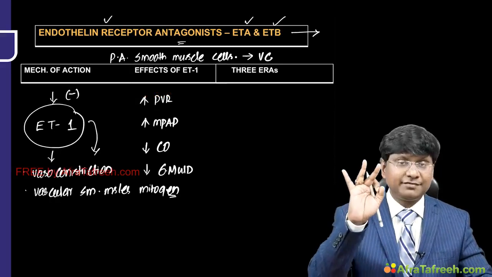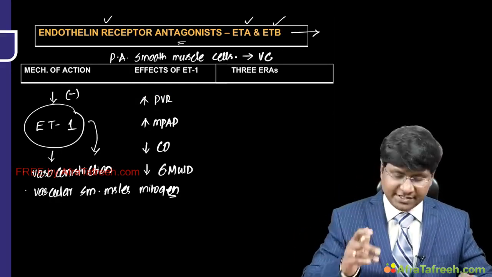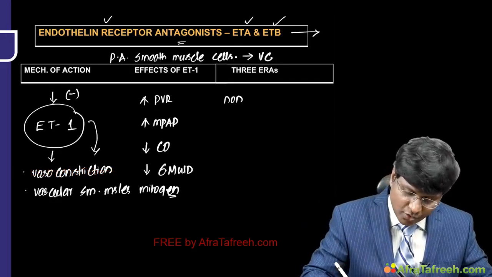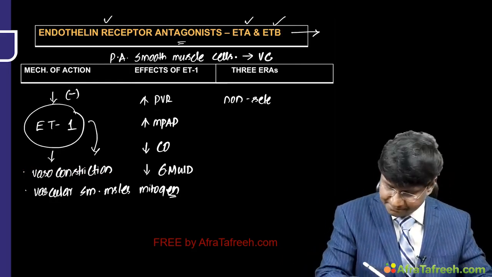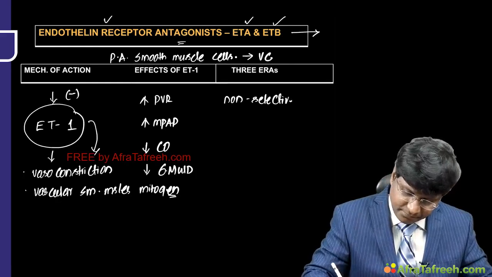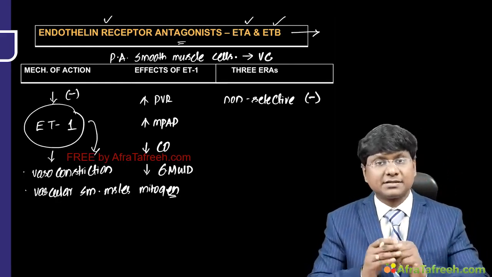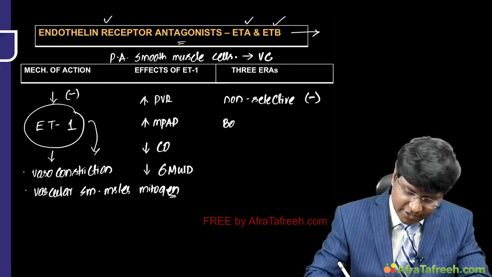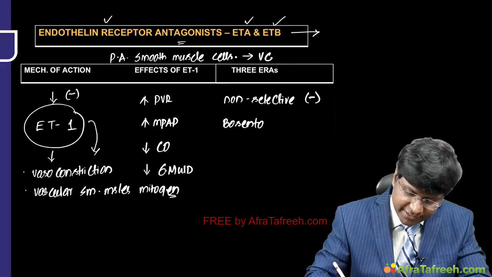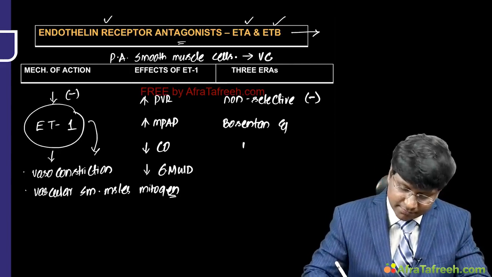So now we have 3 endothelin receptor antagonists. Out of these 3, we have 2 which are non-selective. What do you mean by non-selective antagonist? Non-selective antagonist means they will block the endothelin A as well as the endothelin B receptor. The examples of non-selective ones are, number 1, bosentan, and the other important drug is macitentan.